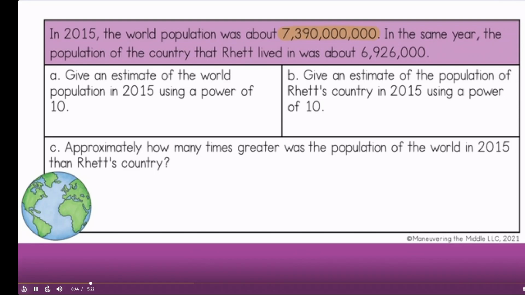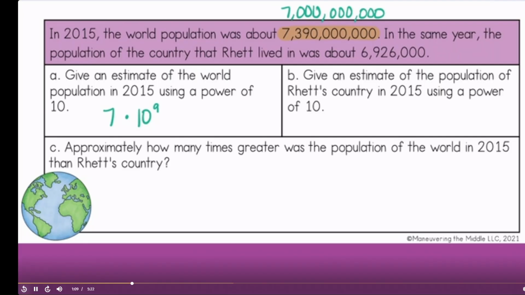So we want to first round that value. So I would round that, by looking at the largest place value, to about 7 billion. In scientific notation then, or in other words, using a power of 10, I can write that as 7 times 10 to the 9th power. Let's do the same thing in part B, except this time we're going to look at the population of Rhett's country.